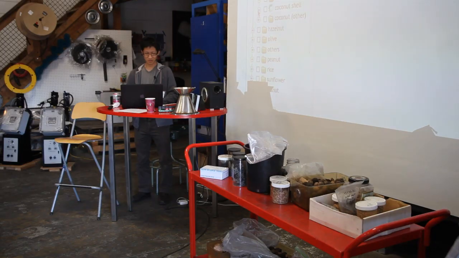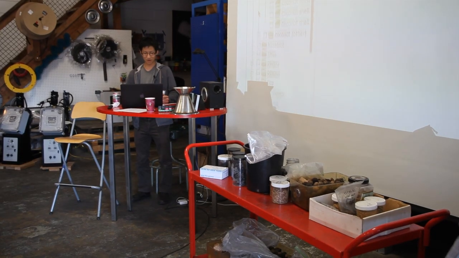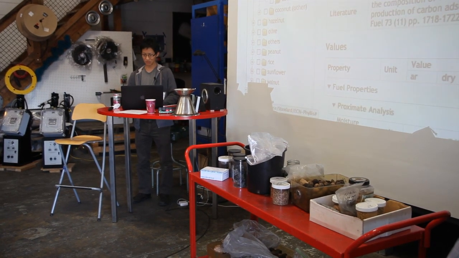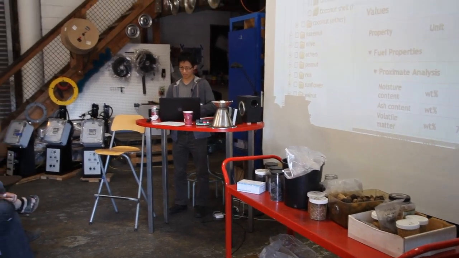Under shell, they have all these different studies that have broken down the contents of coconut shell. If you click on one, it will load it, and you can see the publication, the people who worked on it, where it was published. Over here, the proximate analysis, moisture content, ash content, volatile matter, fixed carbon, all of that stuff is listed. Can you guys see this decently?